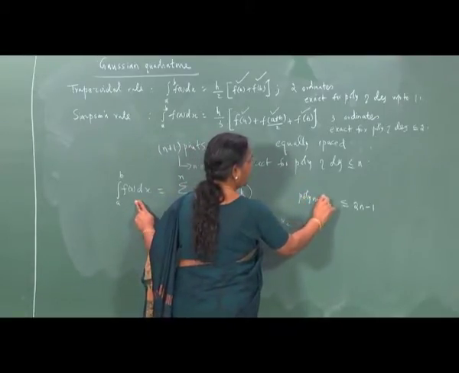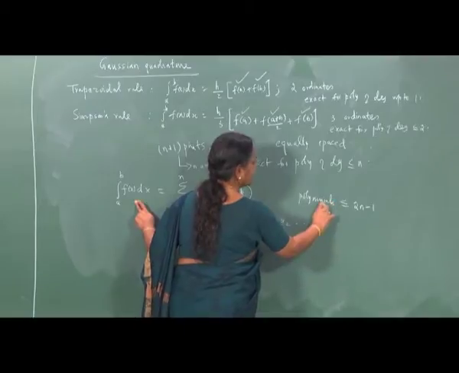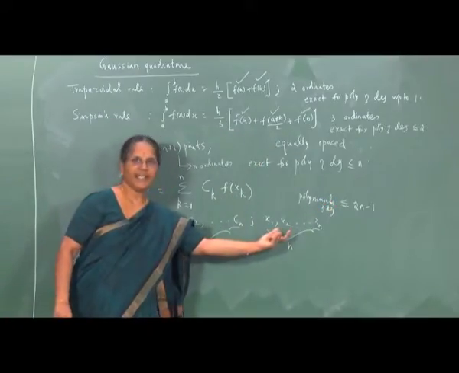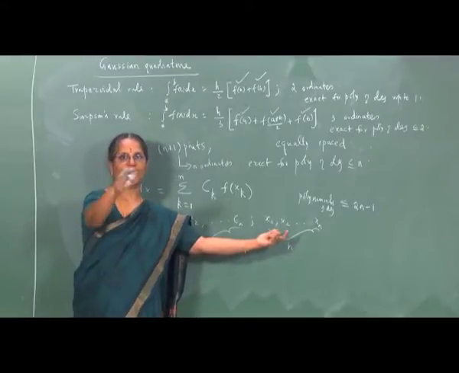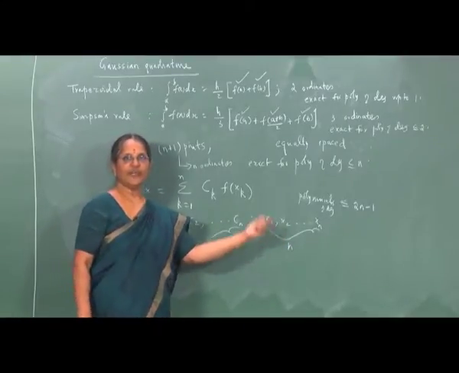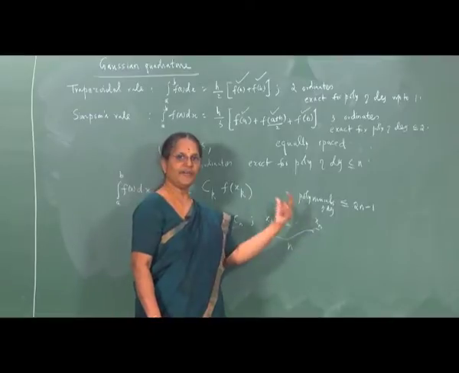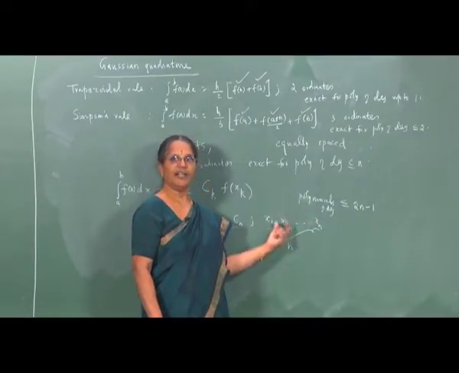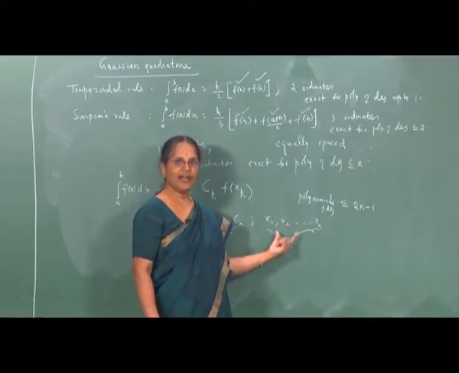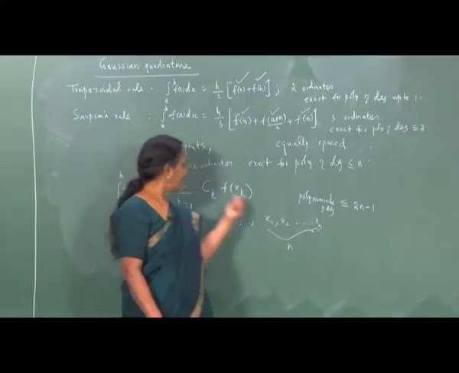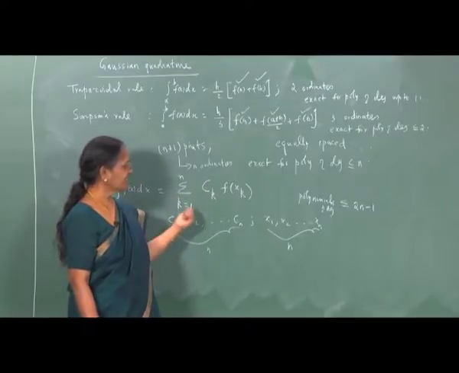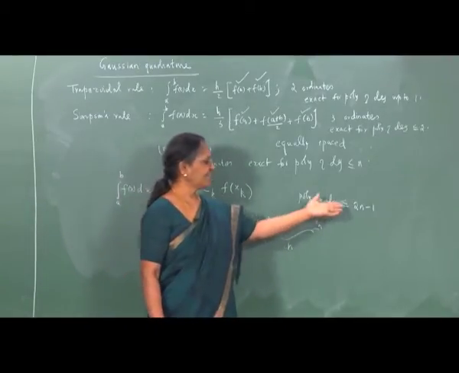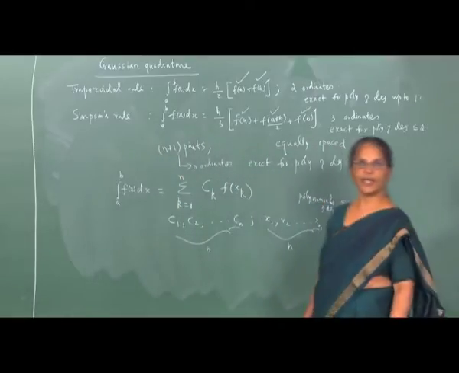So, how many ordinates do you use in this method? There are only n ordinates, at x_1, x_2, etc., x_n. So, you involve only information about the function at n nodes. Evaluation involves only n ordinates, but the method that you derive is exact for polynomials of degree less than or equal to 2n minus 1.